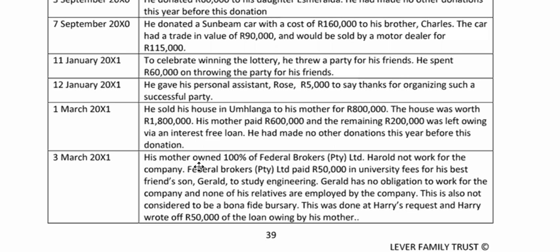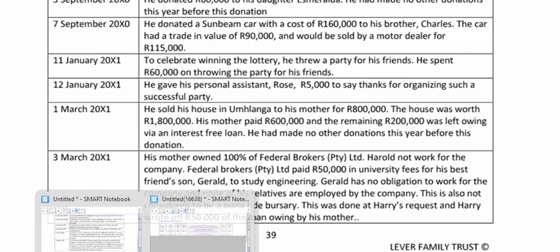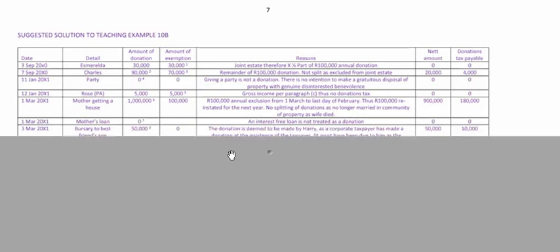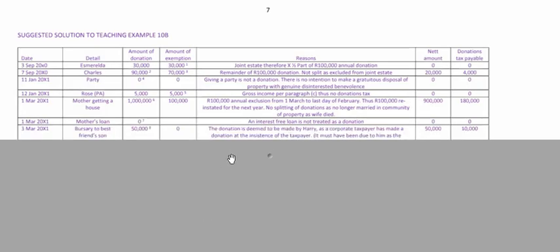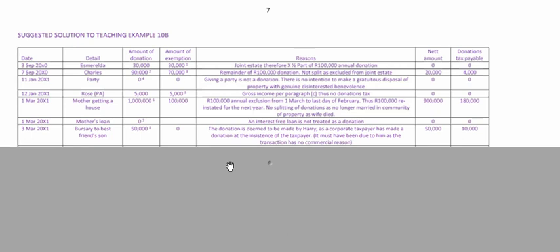Now, Section 57 of the Act says that where you get a company to make a donation instead of you, the donation is taxed in your hands. So this 50,000 Rand that was paid to Gerald by the company is deemed to be Harold's donation. So, bursary to best friend's son, there's no obligation for him to work.